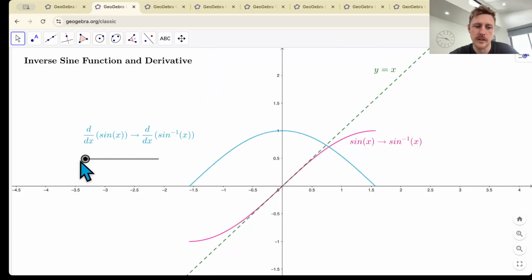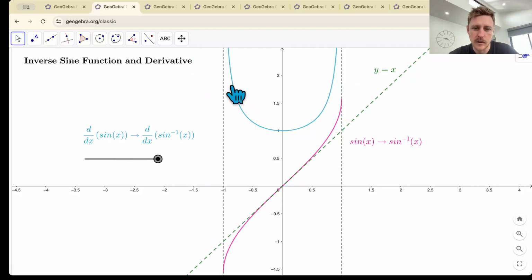But that's certainly the derivative of sine x in blue, and that's the derivative of sine inverse of x once we've moved the slider the whole way. I'm just saying don't look too much into the way that it's being transformed. Every point along the way is not the derivative of the graph as it's being shifted, is what I'm trying to say.